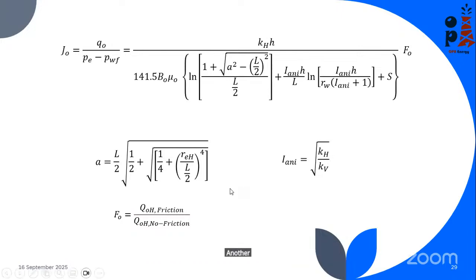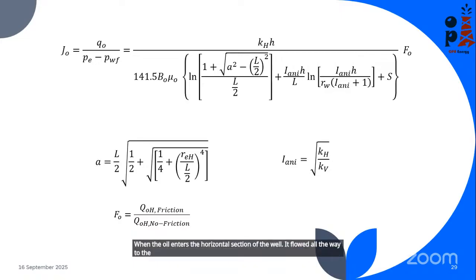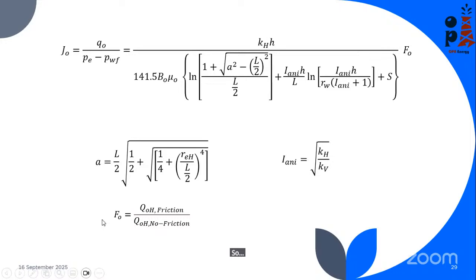Another one is the flow coefficient. Some authors don't account for the friction loss in the horizontal section itself. When the oil enters the horizontal section, it flows all the way to the heel, then the vertical section. So this coefficient is also calculated empirically.